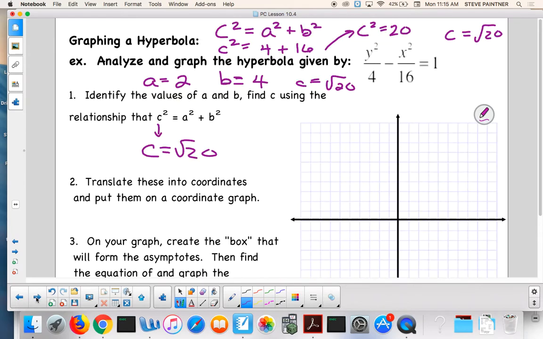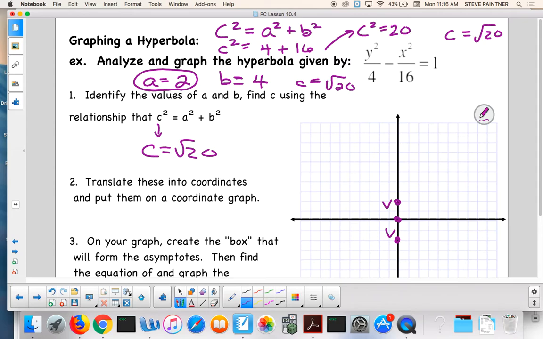Sorry, I didn't say that. So your center would be 0, 0. Now, to get to the vertex of your two branches, what is it, a, b, or c? It's a. So I'll go where? Right, left, or up, down? Up and down. There you go. This is your vertex, this is your vertex.